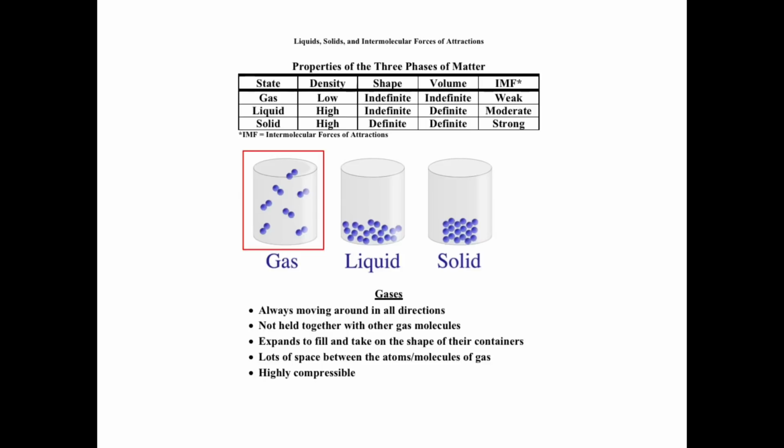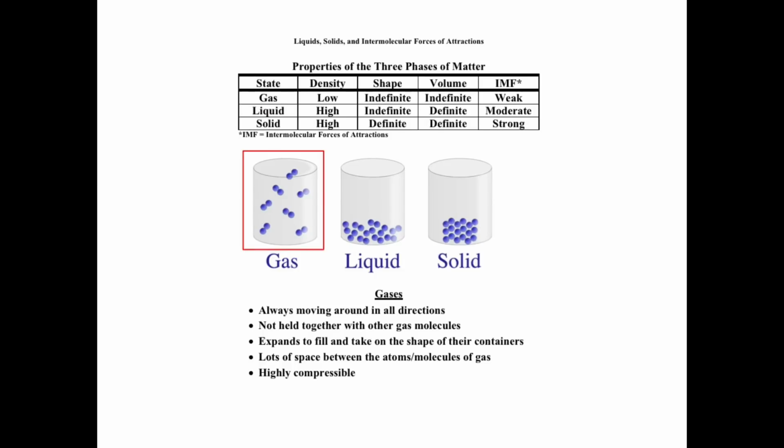A lot of it will focus on what that means, intermolecular forces of attraction. For now, let's just say they're the forces that hold molecules and atoms together. And in the case of gases, they're pretty much non-existent, especially for an ideal gas. But in real gases, sometimes there may be some weak interactions.